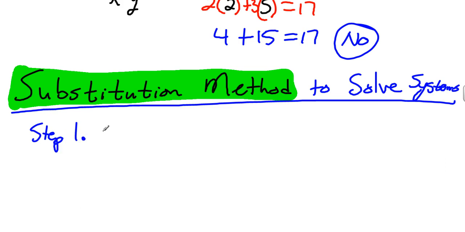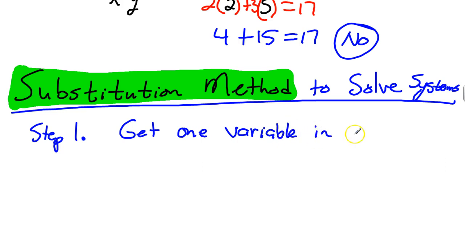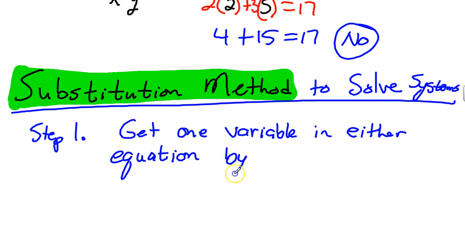Step one, you're going to get one of the variables in either equation, doesn't matter which one it is, by itself. I guess the technical math term would be that you solve one equation for x or you solve one equation for y.